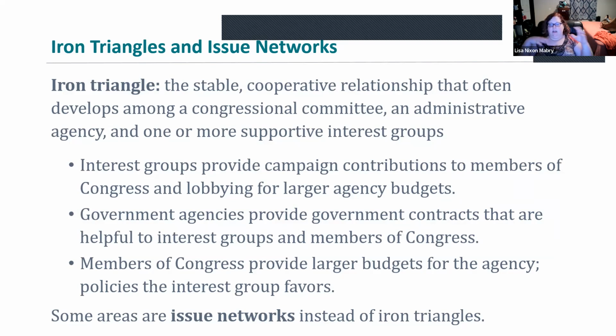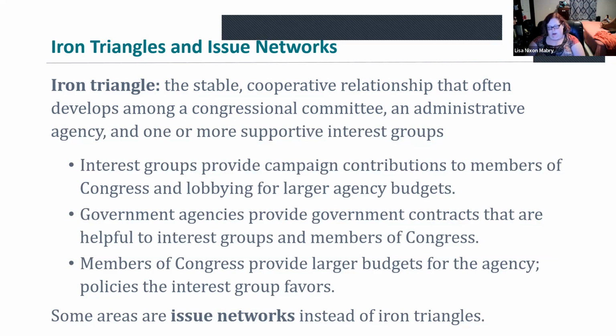They can focus efforts on that to help support those interest groups, because those interest groups also supported those legislators.